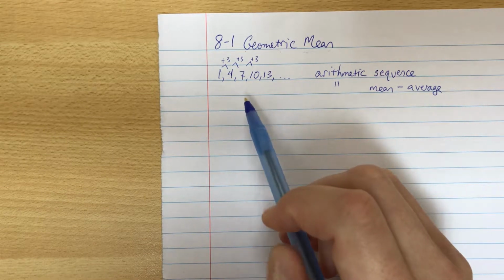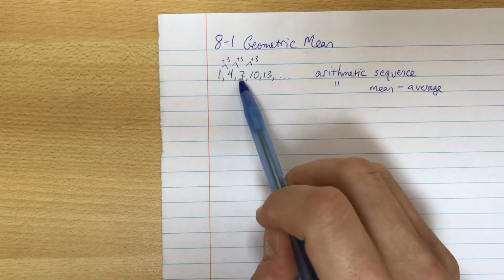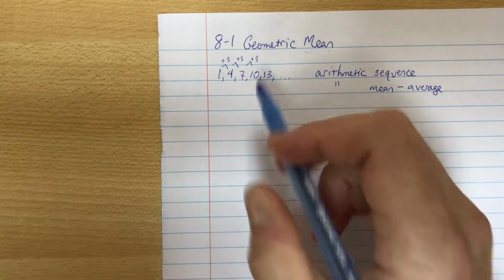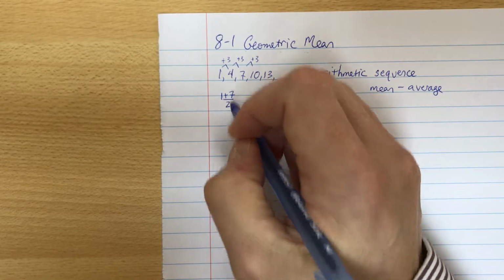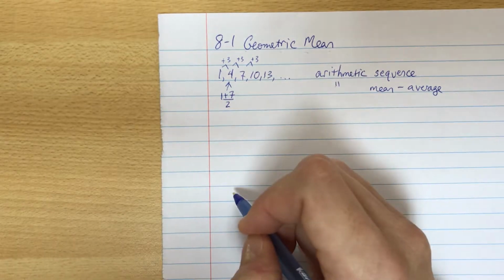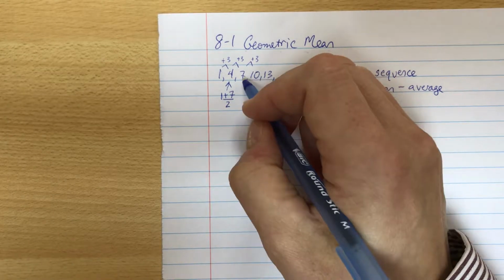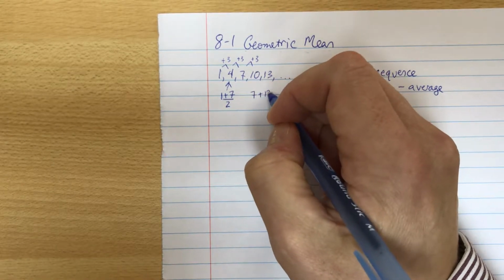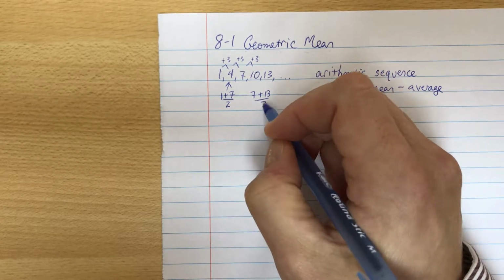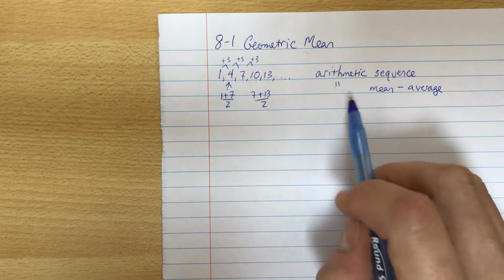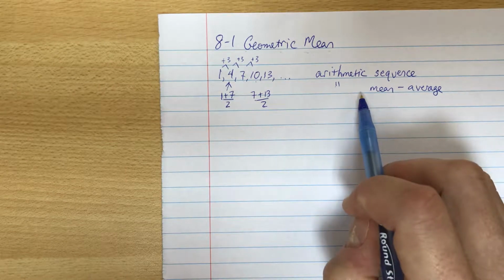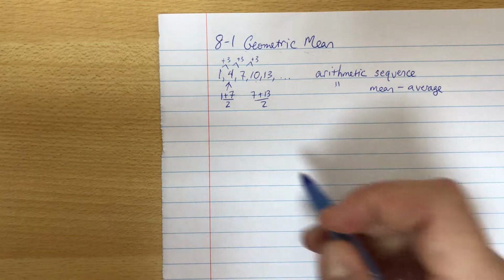If I take 1 and 7, and I take their average, 1 plus 7 divided by 2, what we'll get is the number in between. If I take 7 plus 13 and divide by 2, we get 20 divided by 2, the number in the middle, that is 10. So with arithmetic, you're adding your numbers and dividing.